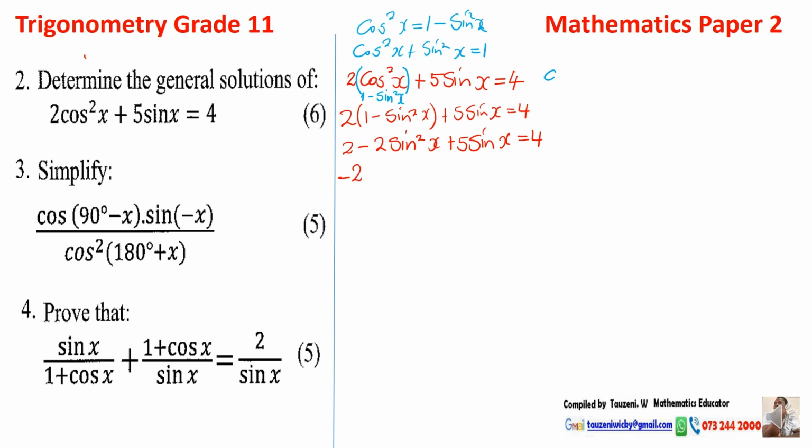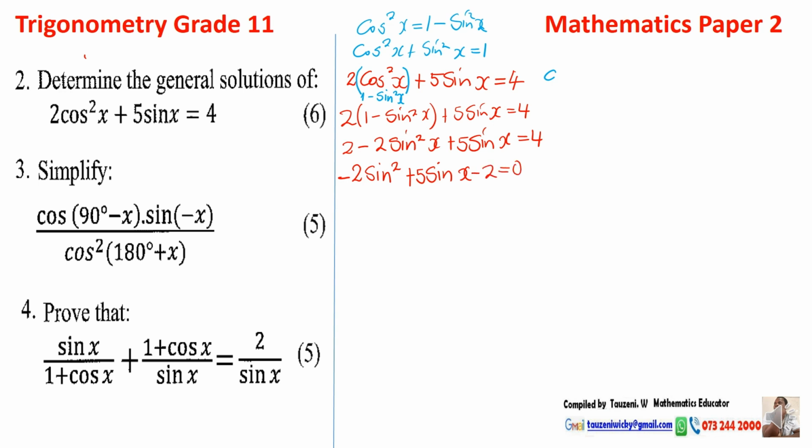In a quadratic equation, we must express our equation in standard form. So we start with the squared term followed by x and then followed by the constant. So in this case, negative 2 sine squared x plus 5 sine x. Then this 4, we move the 4 to the left to become negative 4. So it will give us 2 minus 4, which is minus 2. This is equal to 0.